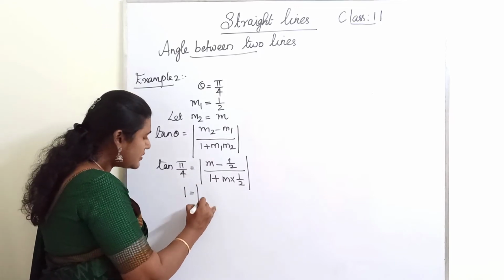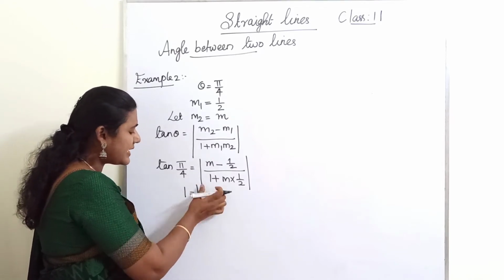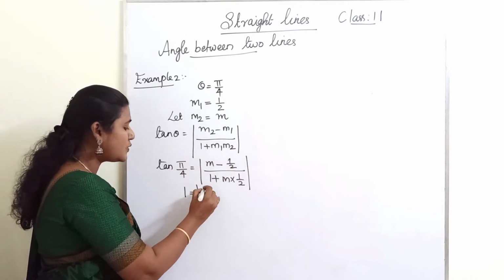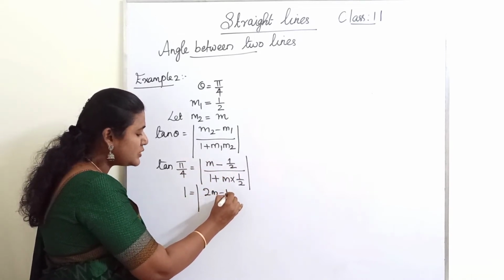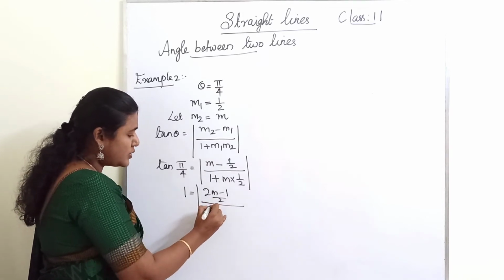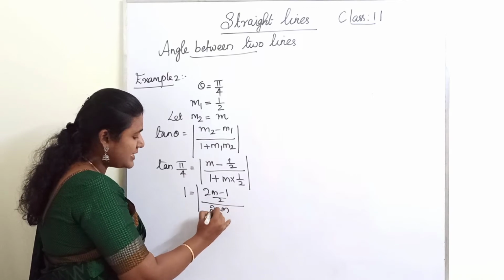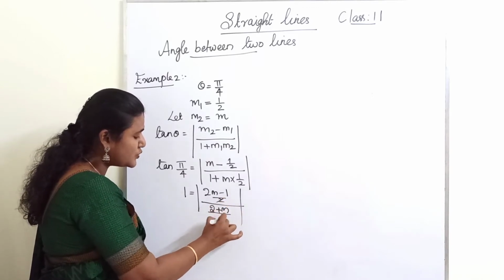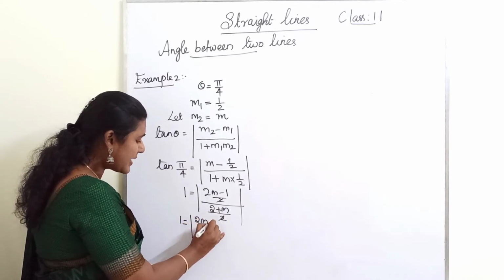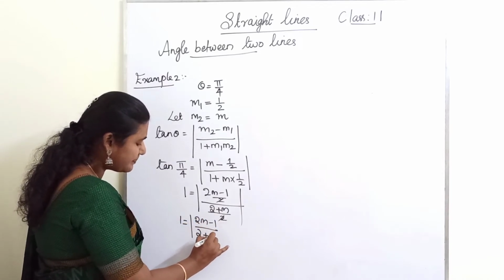So 1 is equal to modulus of, here we will take 2 as LCM in both numerator and denominator. So we will get (2m minus 1) by 2 divided by (2 plus m) by 2. This 2 will get cancelled. So 1 is equal to modulus of (2m minus 1) by (2 plus m).